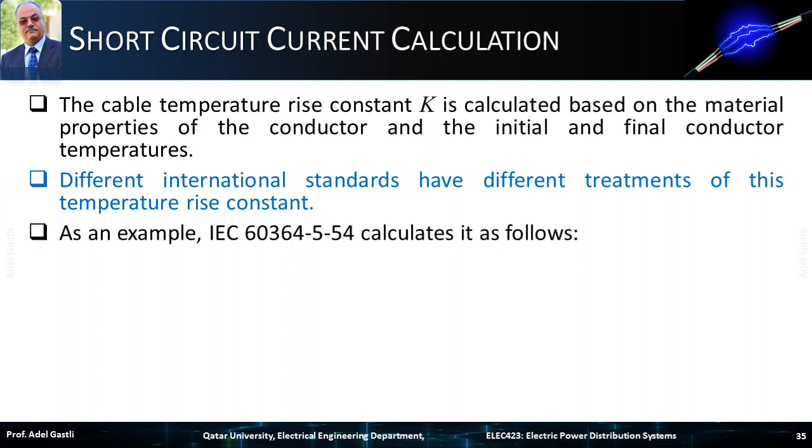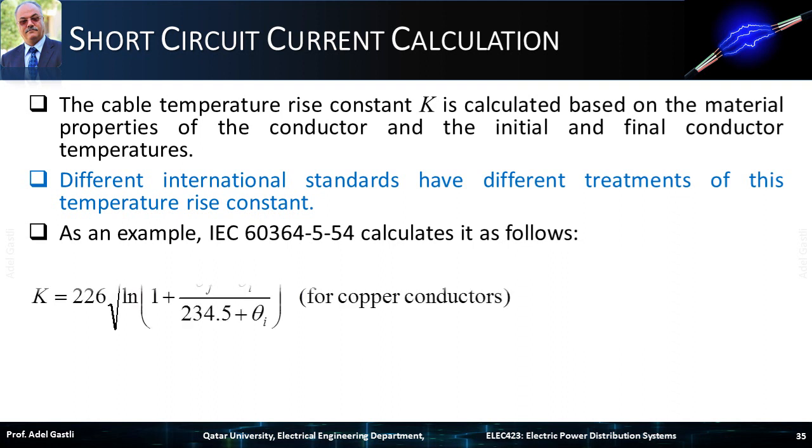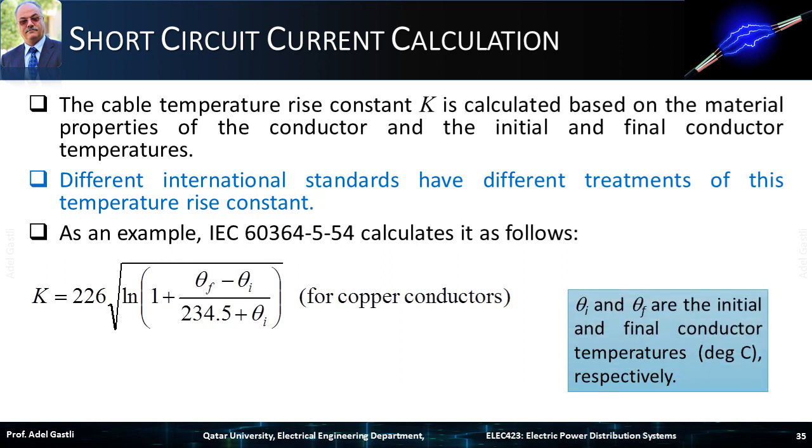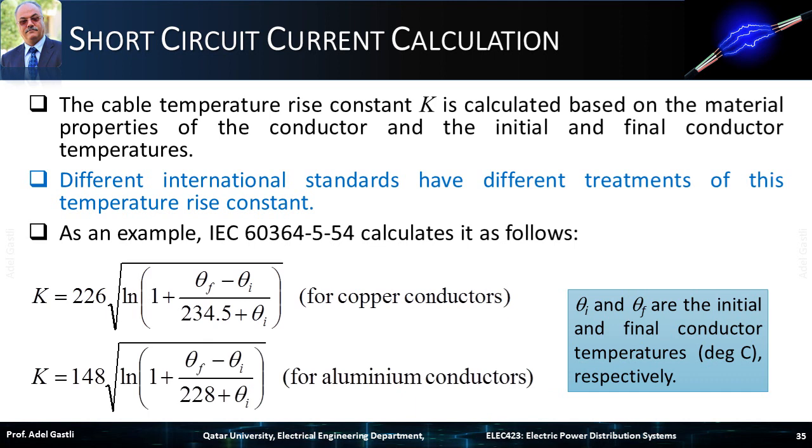As an example, the IEC 60364-5-54 standard suggests to calculate it as follows. For copper conductors, we can use this equation, where theta I and theta F are the initial and final conductor temperatures, in degrees Celsius, respectively. And for aluminum conductors, we can use this equation.